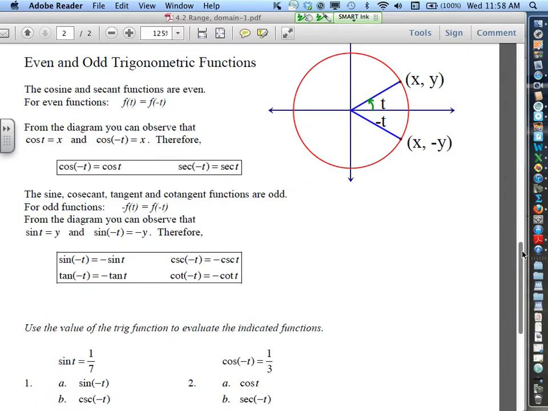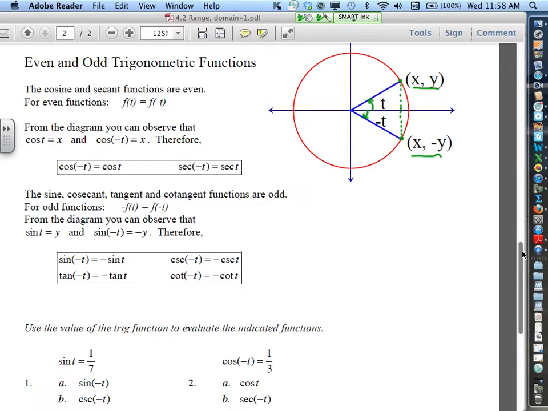If I go in the opposite direction the same amount, my angle would now be negative t. The coordinates for this point are over some x value and up some y value, so I have x comma y. This point down here is the same idea reflected over the x-axis. It's still over x, but now it's down that same y value.